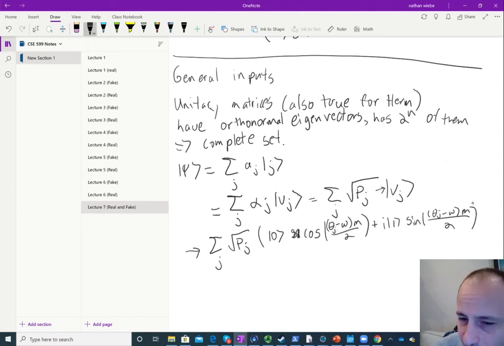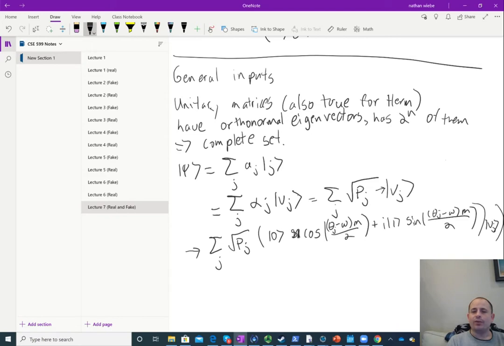And then all of this, of course, is multiplied through by |vj> on that side. Okay, cool. So when we apply the circuit, save the measurement, this is the result that we end up getting using iterative phase estimation.